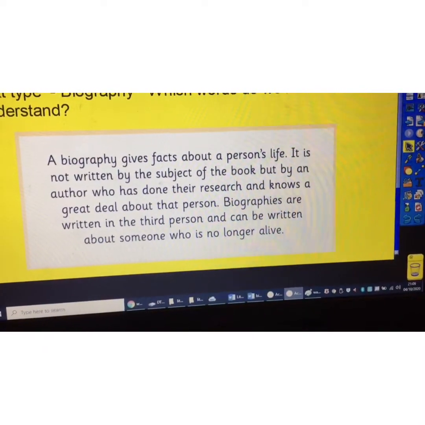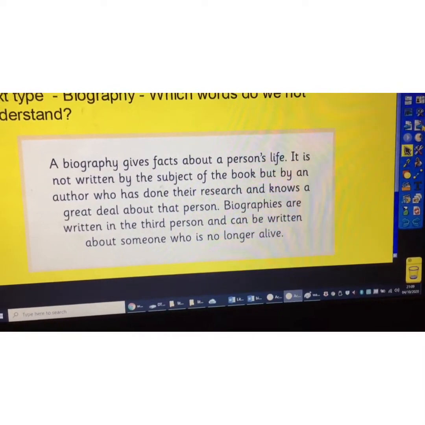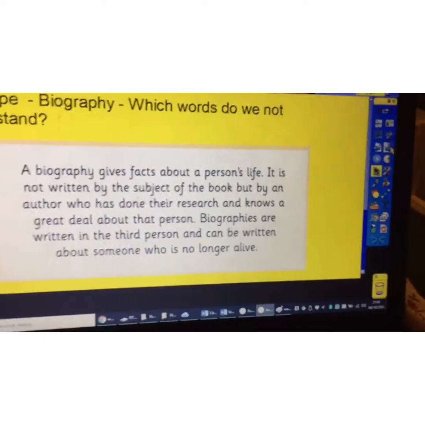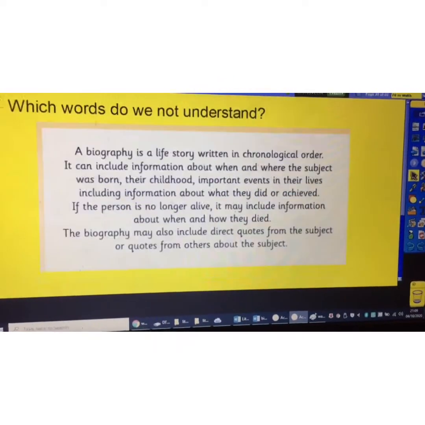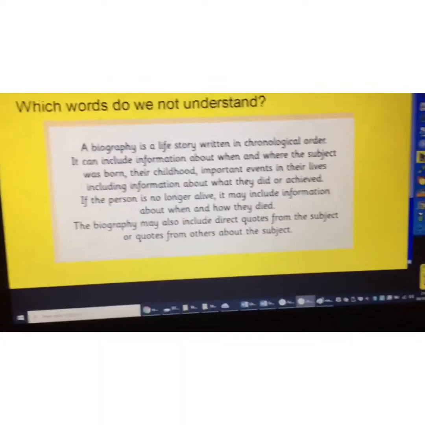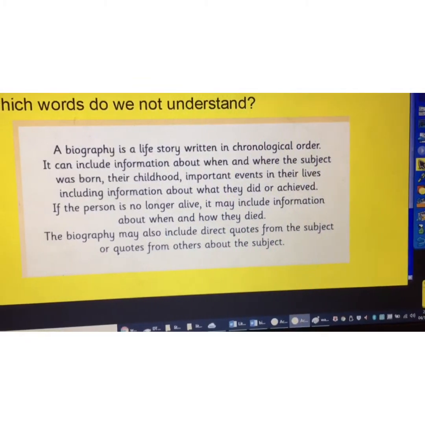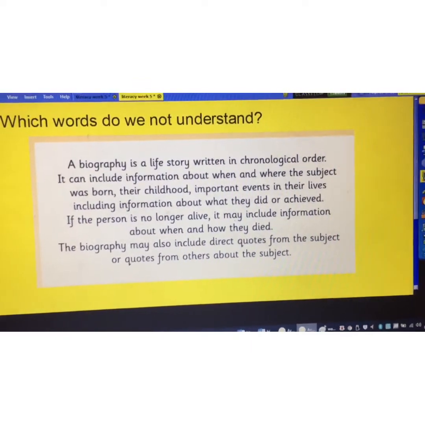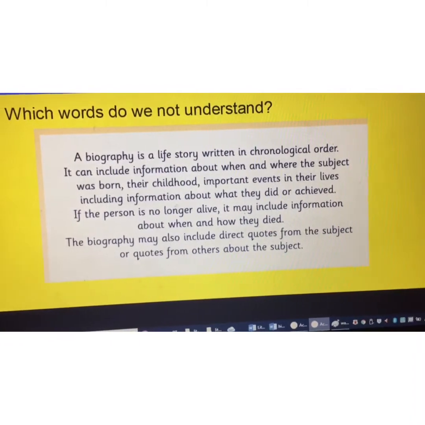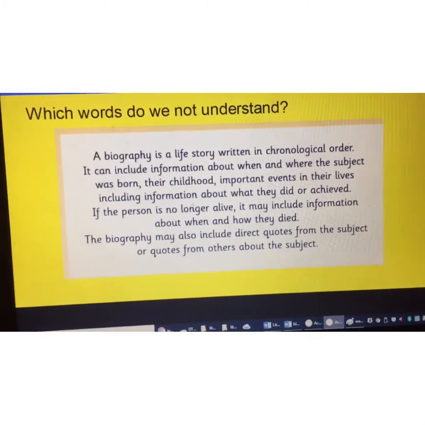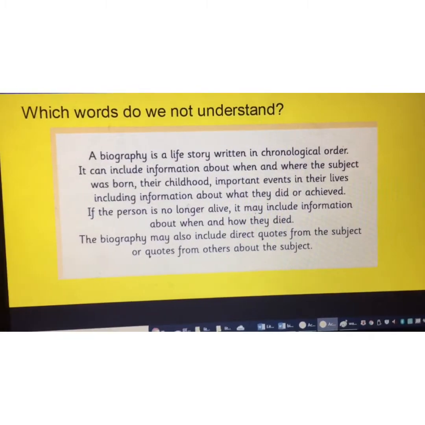Biographies are written in third person, and they can be written about somebody who is no longer alive. So it can be somebody who's alive or somebody who has died. A biography is a life story written in chronological order. Chronological order means in order of their life, from when they were born up to when they die. So it's in time order, in the order that it happens.